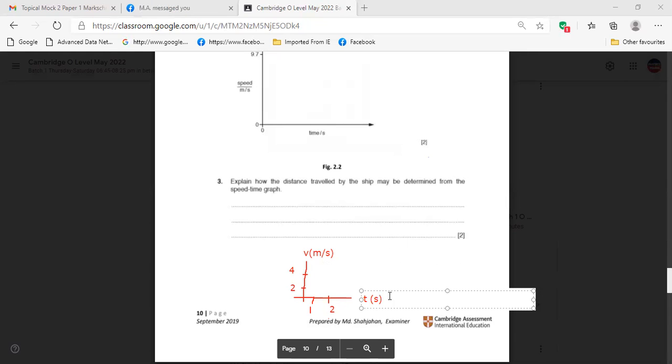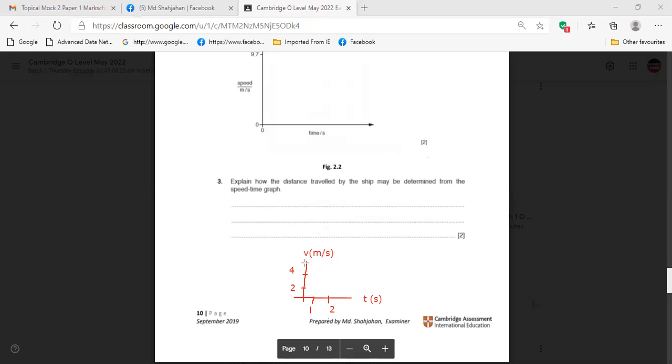Sir, why did we take 4 meters per second? It's only to make you understand. I can take 5, I can take 6, anything we can take. Like here it was 0, time was 0. Then time is 1 second, 2 seconds. After 1 second it reaches 2 meters per second. Then after 2 seconds it reaches 4. Then we draw the graph.